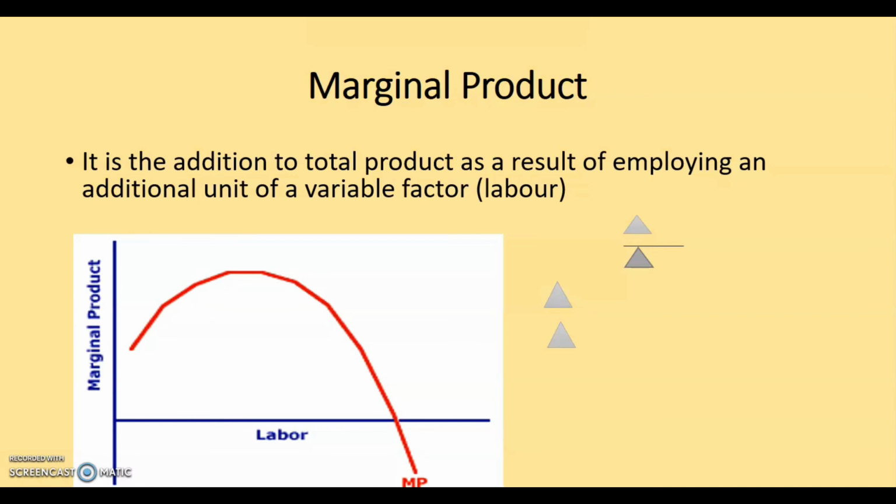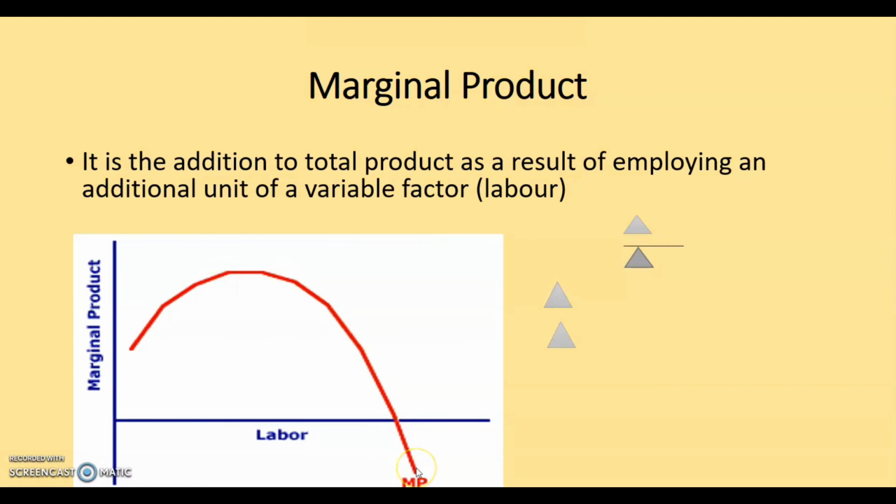Now let's look at the graphical representation of the marginal product. This is how it behaves. Initially, the marginal product increases. Then it attains a maximum, it begins to fall, and then finally enters the negative zone.